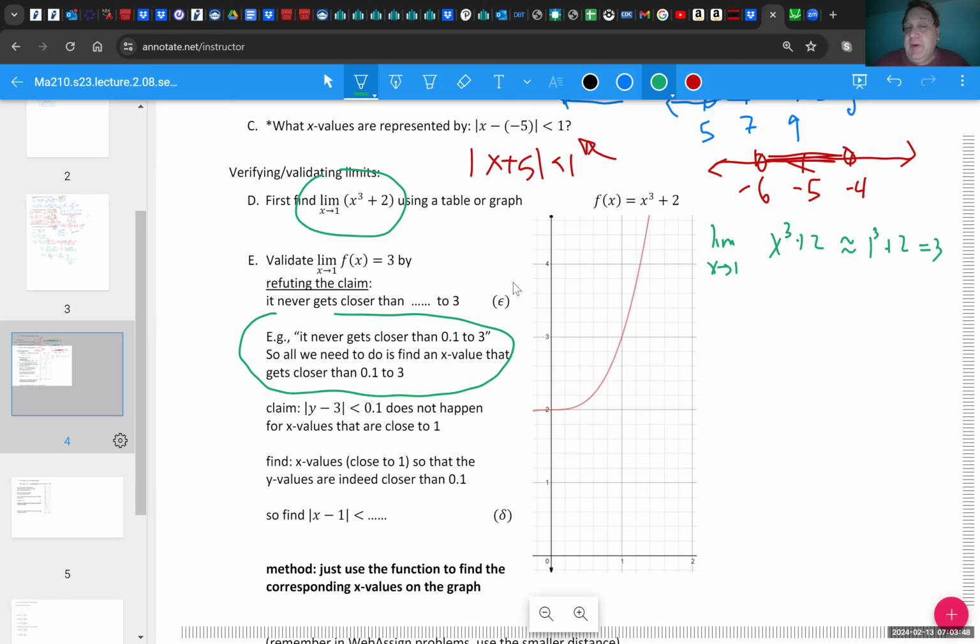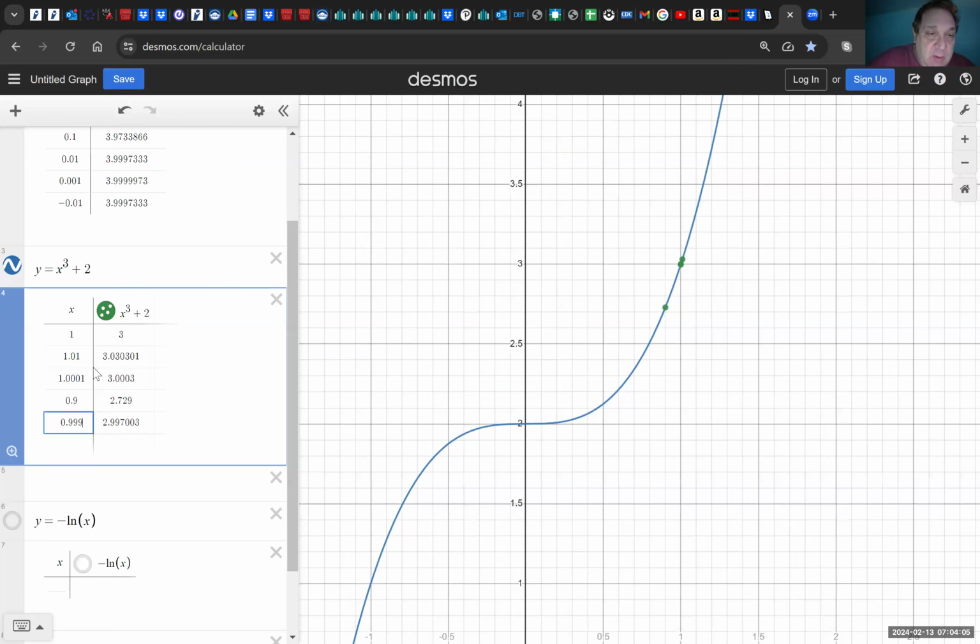Now, 0.1 from 3, if you think about that, would be something like 2.9 or 3.1, right? So we need something that's closer than either 2.9 or 3.1. And I think we already did that. Yeah, so here 1.01 gives 3.03, and that's definitely closer than 3.1, right?